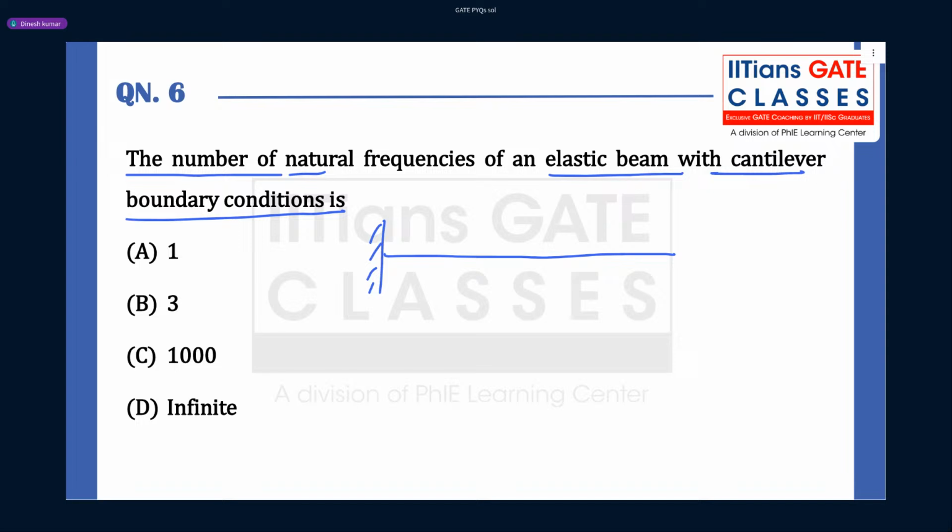The vibration of cantilever beams comes under the category of continuous system. And we know for any continuous system, the degrees of freedom are infinite and the natural frequencies are infinite. Why? Suppose this cantilever is vibrating in the vertical plane. You can see at every section there is a particular displacement.